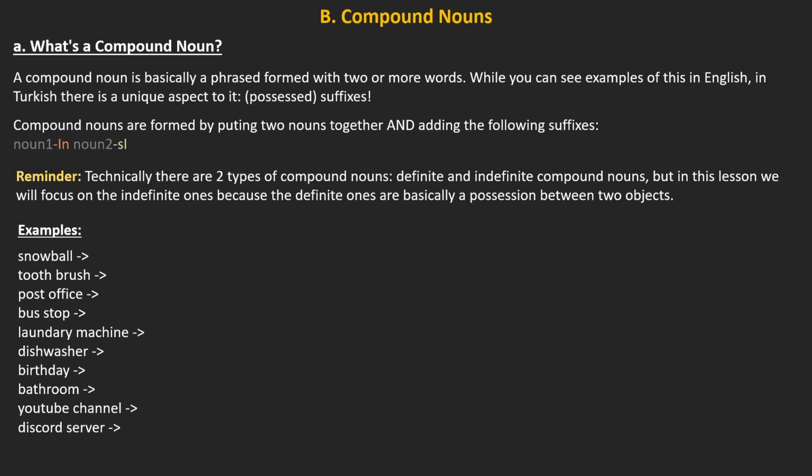So let's do it together. Snowball. In order to make these formations, you need to have the vocabulary, I know. That's why I will put it this way. Snow is kar, and then ball is top. We are using this one, the possessor suffix. So kar topu.